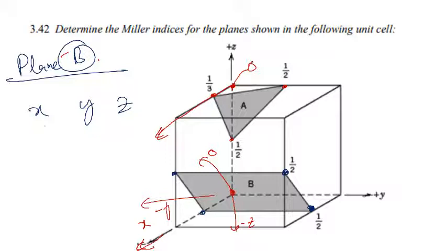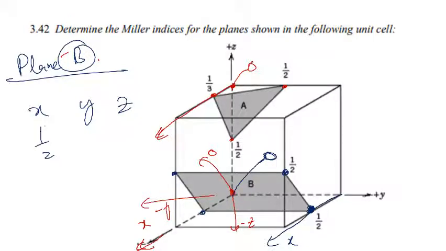So where it is cutting the x-axis, this is our x-axis. Let me take this as the origin for plane B. So on the x-axis it is 1 over 2.